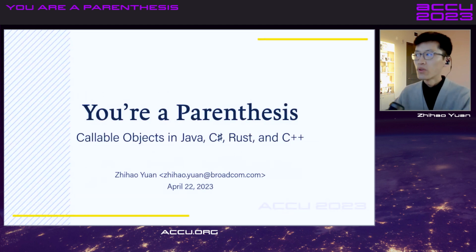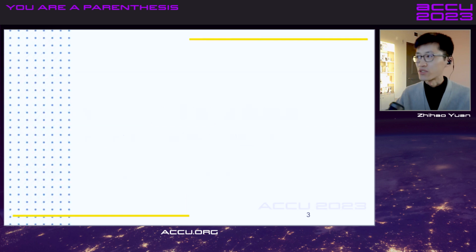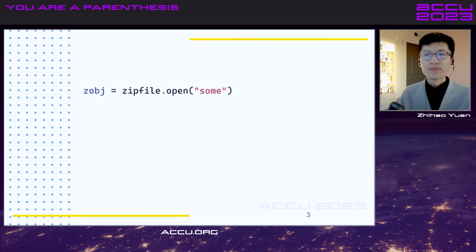Before we start to talk about callable functions in all these four languages, I want to start the talk with a silly question. Let's say in Python, which allows pretty much everything because it's a dynamic language and very friendly, I have an object.